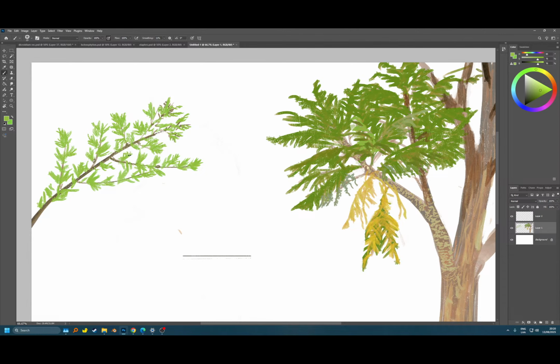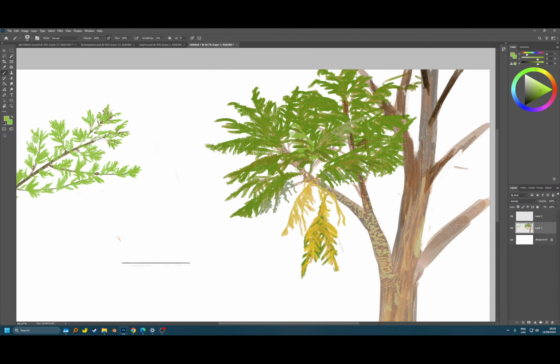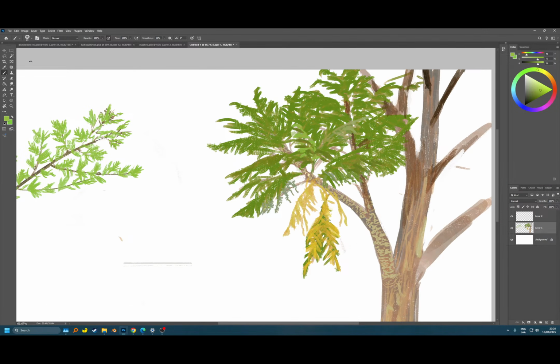Okay. Something like this. Just to have a side-by-side comparison. Need to make the details more clear here.